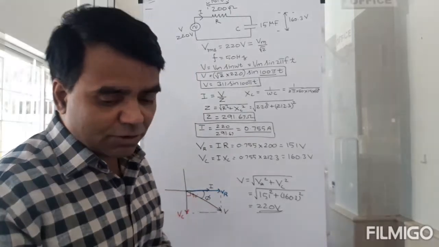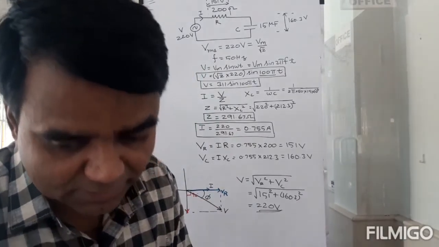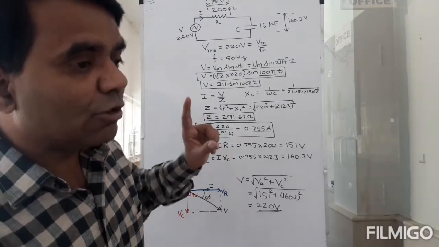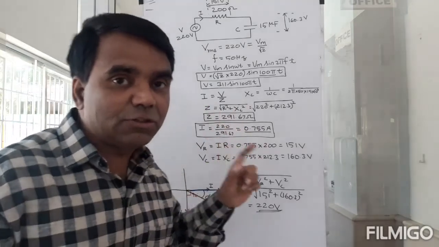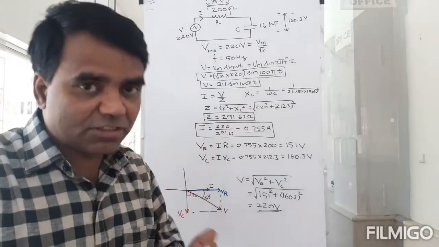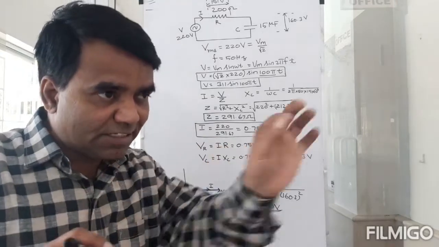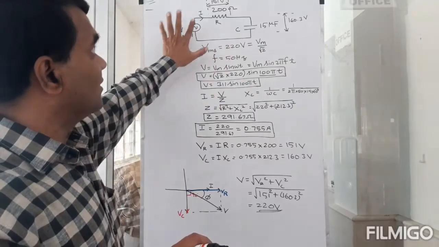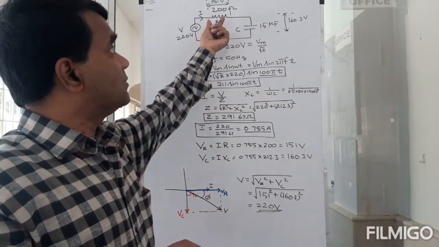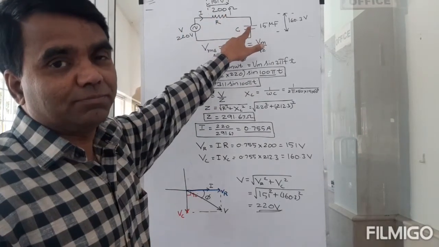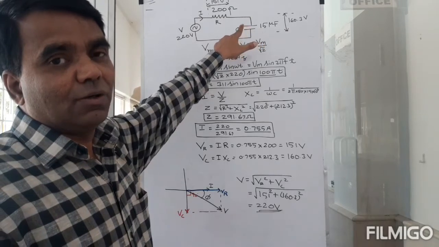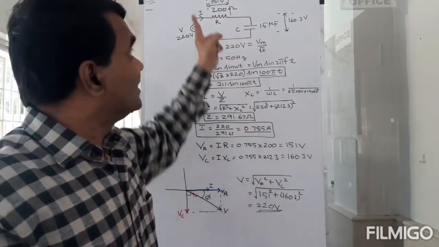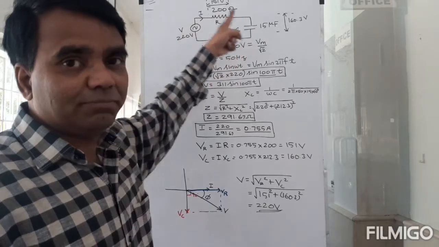Notice here, I want you to understand this. You are not taking the instantaneous values of voltage. At every instant, if this is 10, then this must be 8 and this must be 2 or something. At every instant, Kirchhoff's law will be obeyed.